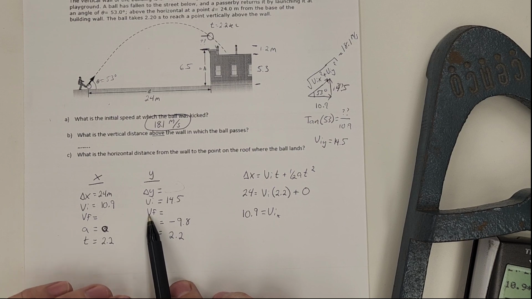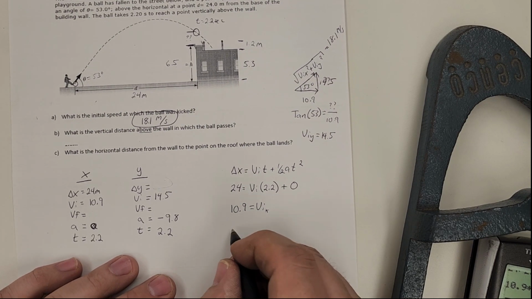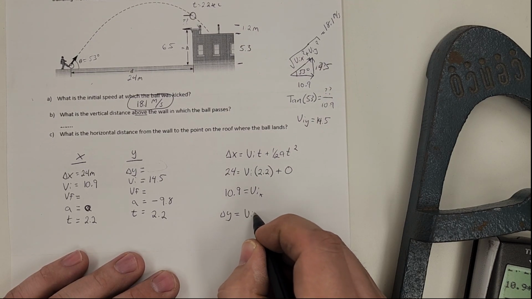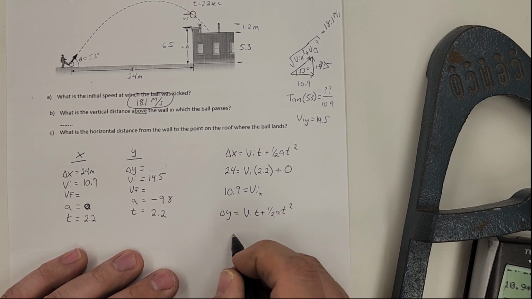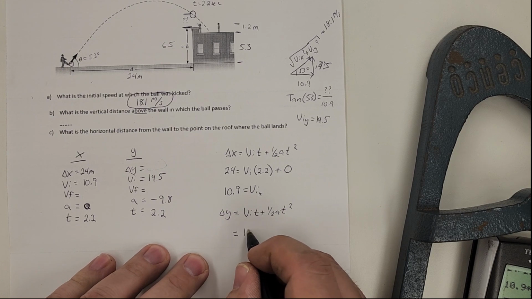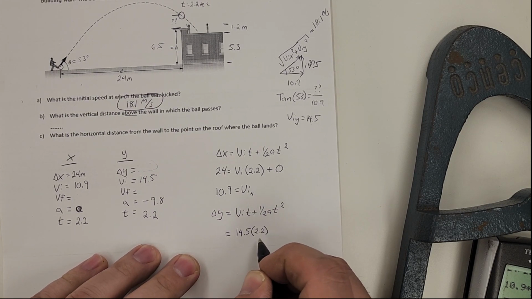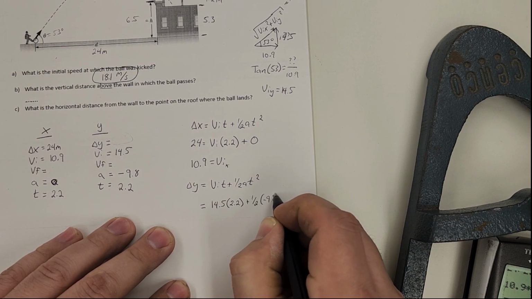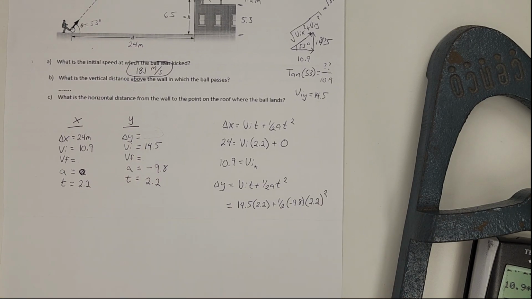We don't have VF, which means I'll have to use this equation again for the change in Y. So change in Y equals VIT plus 1/2 AT squared. Change in Y is going to be equal to 14.5 times 2.2 plus 1/2 of a negative 9.8 times 2.2 squared.